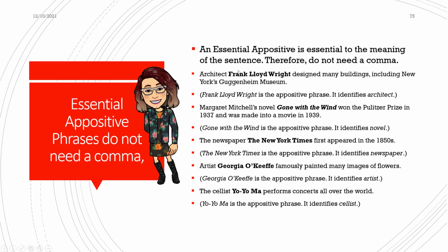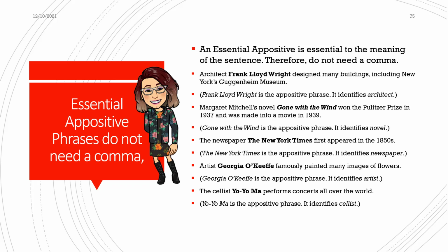And so you need to know who Frank Lloyd Wright is, and here you need to know that he's an architect, so we don't put any commas. Margaret Mitchell's novel Gone with the Wind won the Pulitzer Prize in 1937 and was made into a movie in 1939. And so you need to know what the novel is, so therefore you don't use a comma.